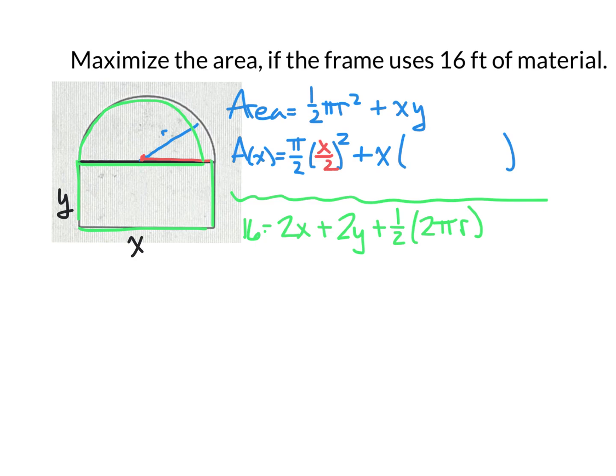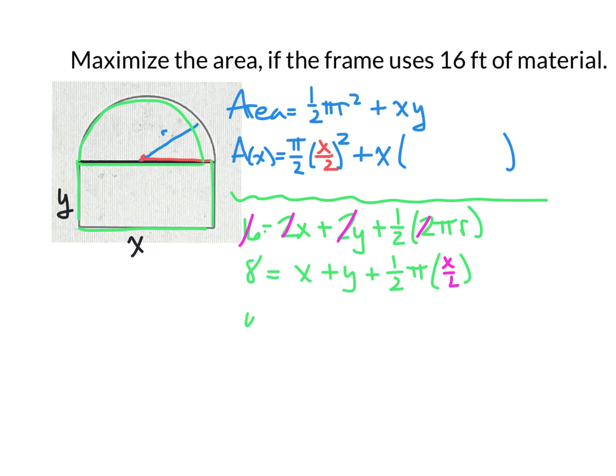First of all, I recognize that every term is divisible by 2, so I'm going to divide all of these by 2, and we'll have 8 is equal to x plus y, and then plus 1/2 of pi times r. And we already know that our radius is half of what x is.